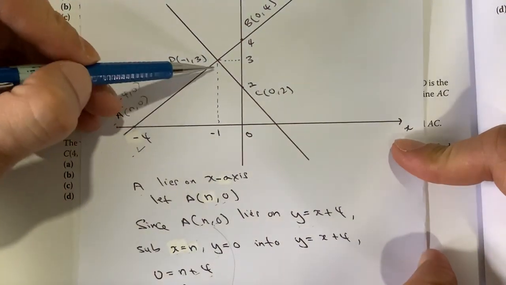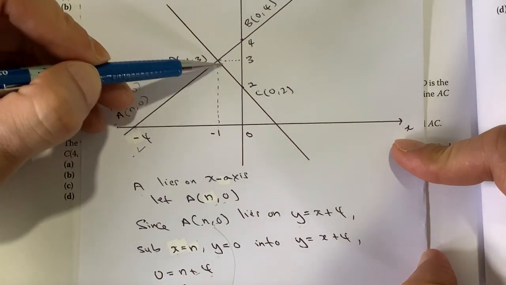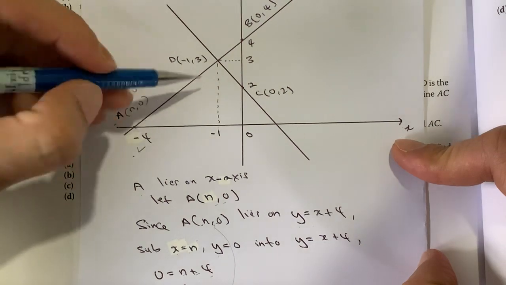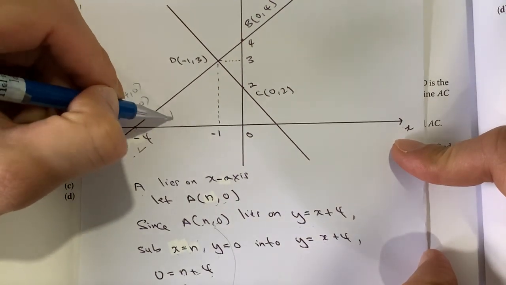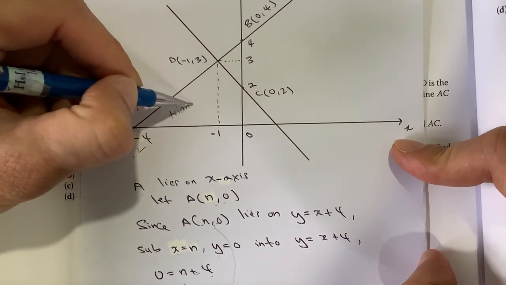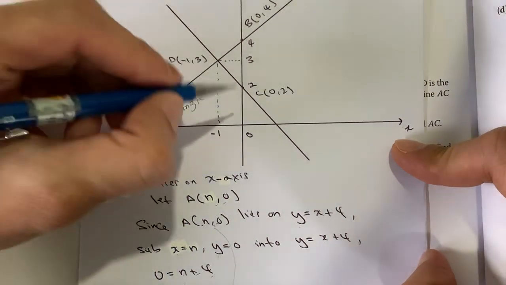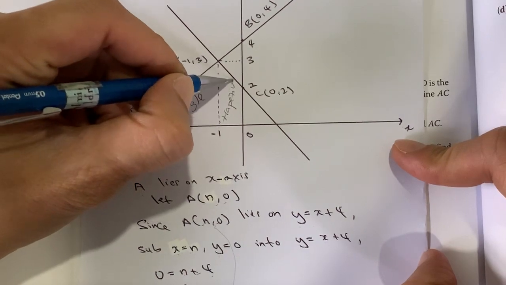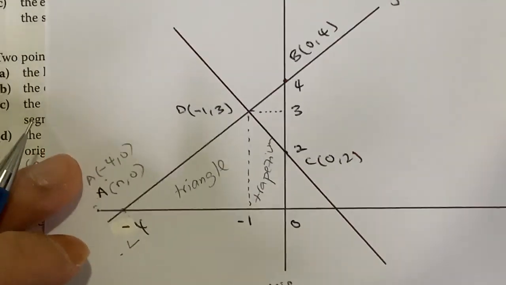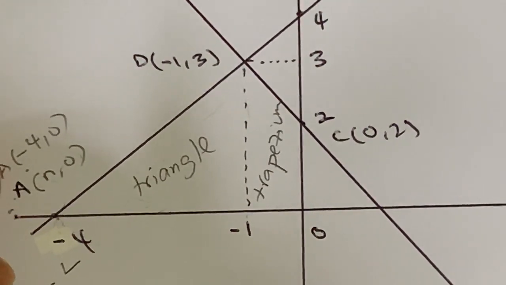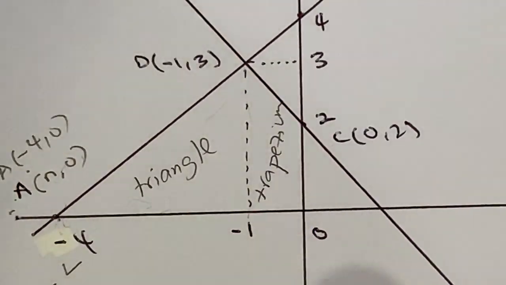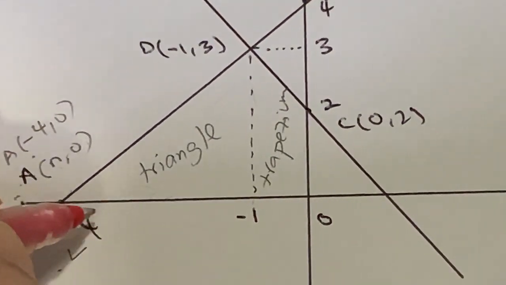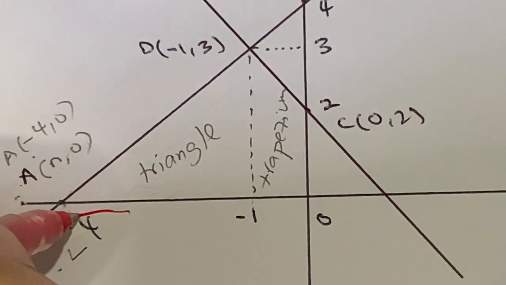If we look at this dotted line, it is separating the area of this quadrilateral into two parts. This is a triangle and this is a trapezium. So you have a triangle and a trapezium. How do you find the area of the triangle? We will use the base.